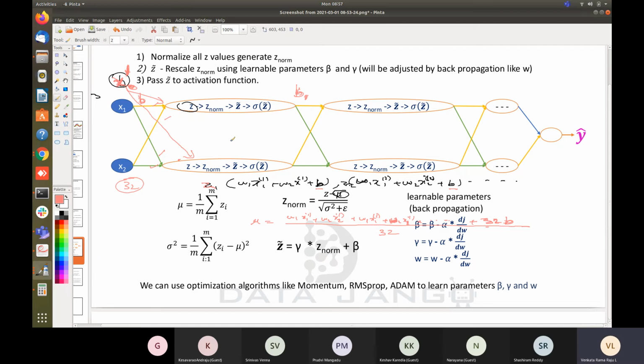So here, this 32B, the 32 will get cancelled, and in mu you will have B only. Now, when you calculate Z norm of the first record, what is that? W1 x1 plus W2 x2 plus B minus B, which is Z minus mu. The plus B and minus B get cancelled, divided by the square root of sigma square plus epsilon.